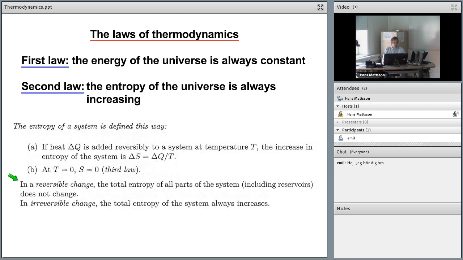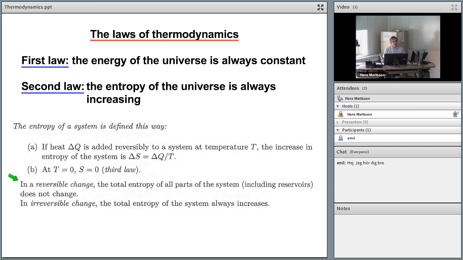In a reversible change, the total entropy of all parts of the system, including reservoirs, that is the surroundings, does not change. But in an irreversible change, the total entropy of the system always increases. And the definition of a reversible change is that we could go back to the initial state that we have.